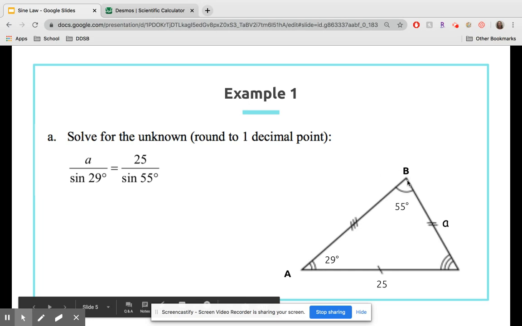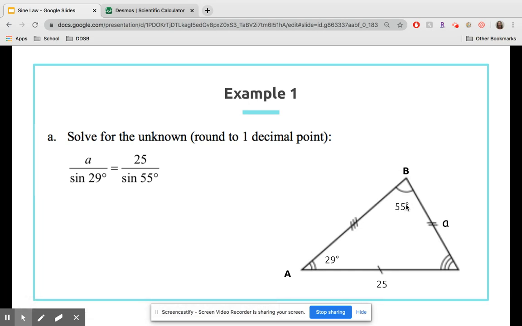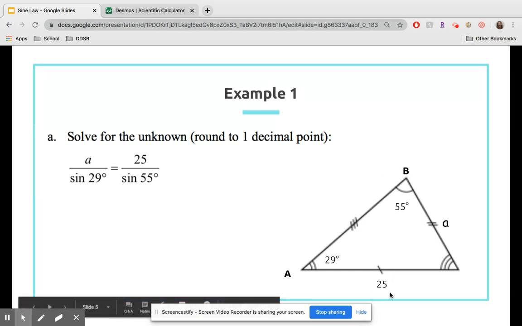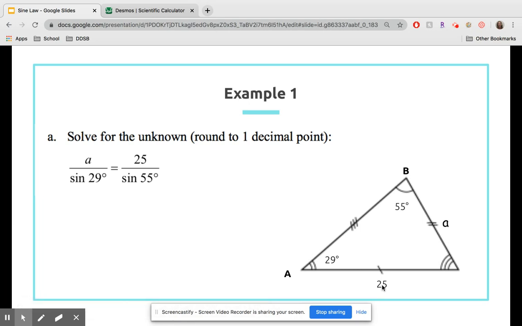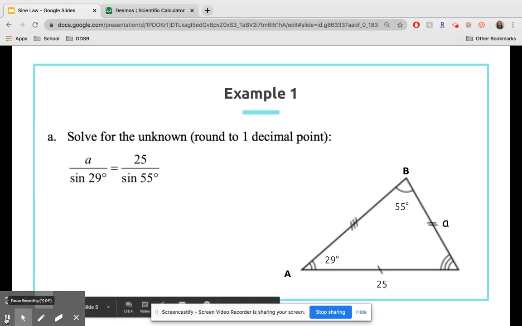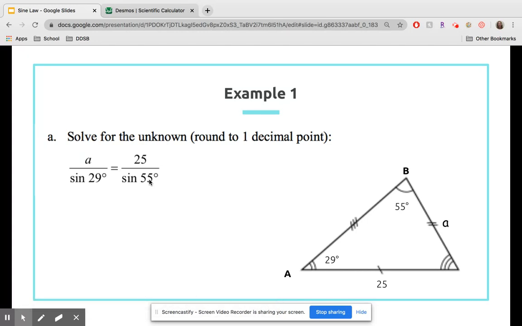Then I've got my angle B of 55 degrees, and across from that, my little b of 25. I put it into the sine law equation: a over sine 29 equals b over sine 55, and then we cross multiply and divide.